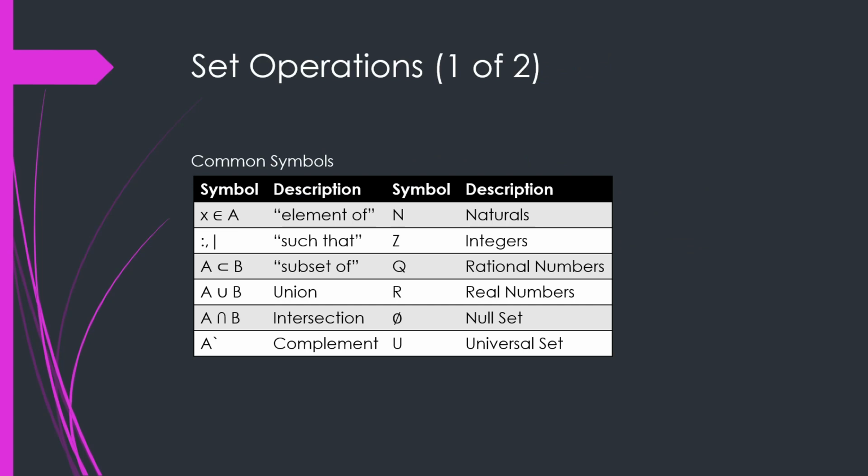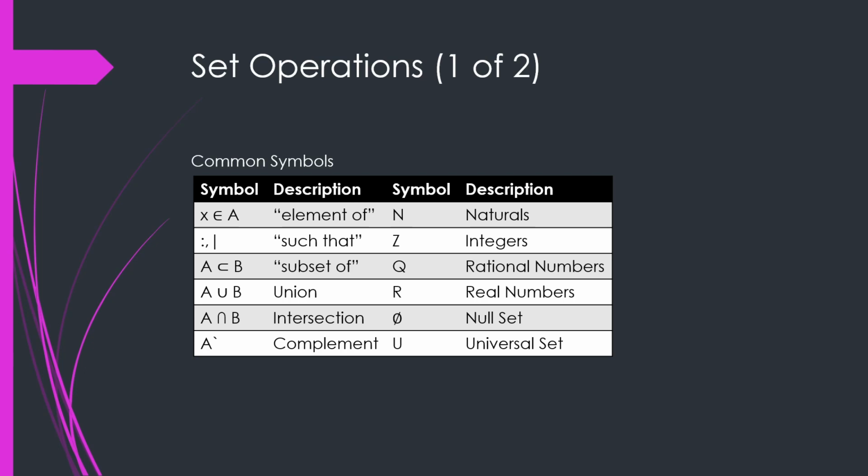Some common operations to look at. Again, we have the curved E looking thing, and that is element of. The colon or a vertical bar means such that. And of course we have the subset of, we have union, and then we have intersection.